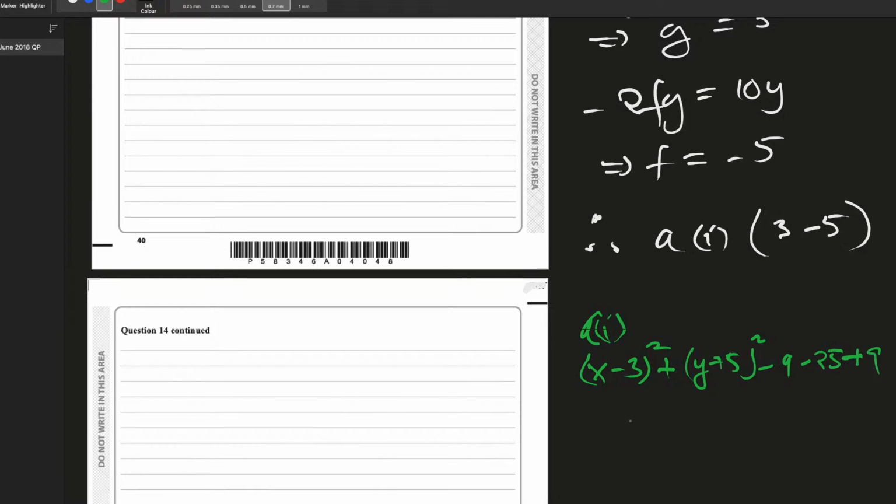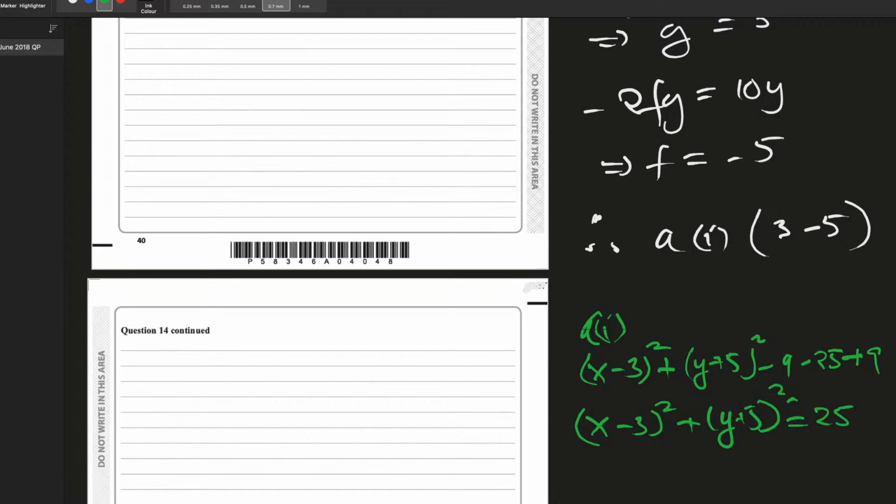So when we do that, we say x minus 3 squared plus y plus 5 squared is equal to 25.